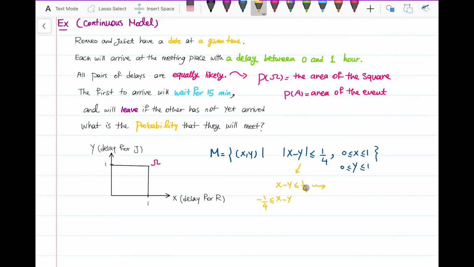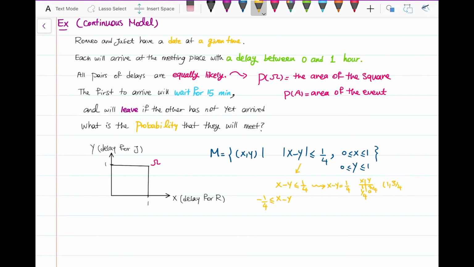Let me try to graph this one. Again, back to calculus. When we want to graph an inequality, first we need to graph the equality of that. So this is a line. Let me give it some points. If Y is 0, I'm gonna plug in Y is 0, X is 1/4. If X is 1, I'm gonna have 1 in here, negative Y goes to the other side, 1/4 goes in here, so Y is 3/4.